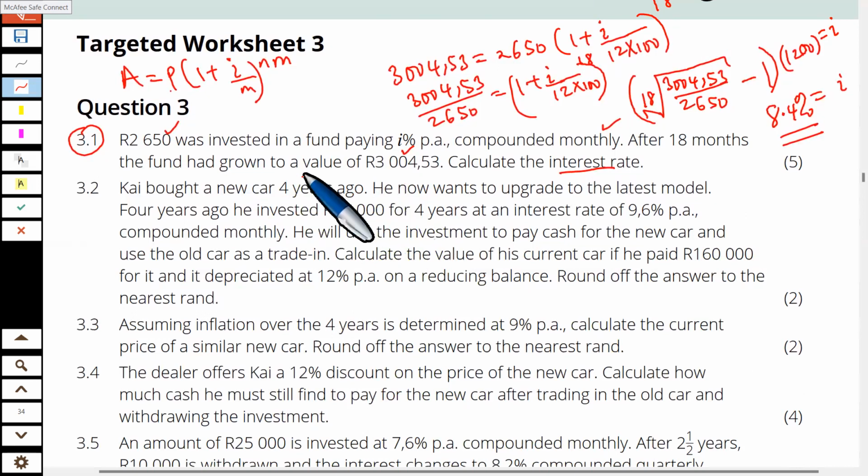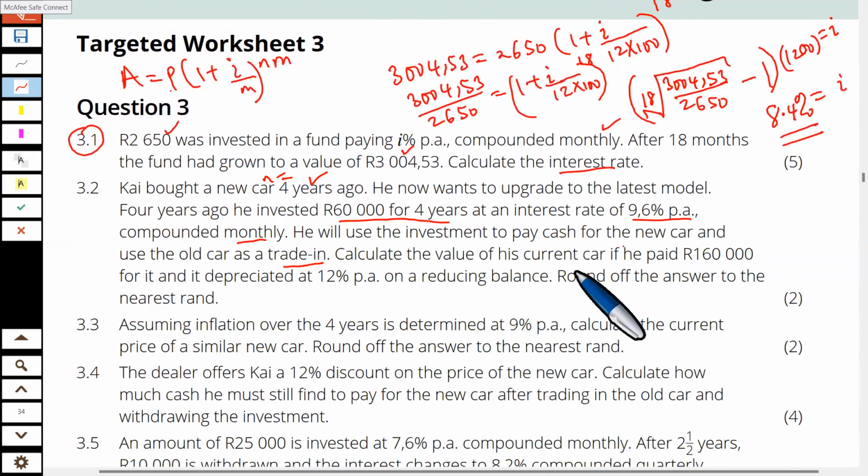They mentioned 4 years ago, so it's like N. He now wants to upgrade to the latest model. 4 years ago, he invested 60,000 for 4 years at an interest rate of 9.6% per annum, compounded monthly. He will use the investment to pay cash for the new car and use the old car as trade-in.